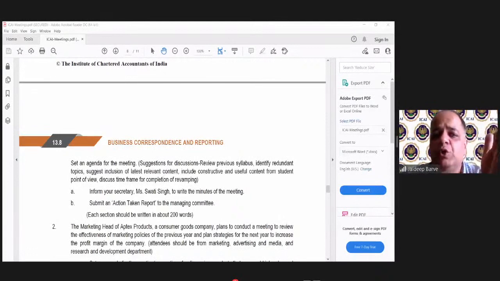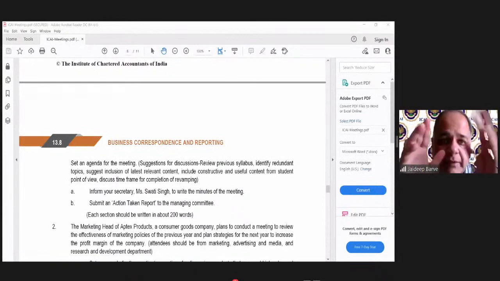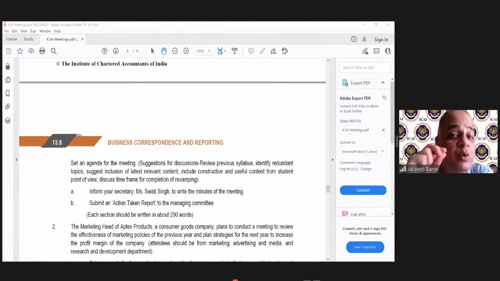In the minutes, you also might have responsibility given to persons, action to be taken, and a timeline. Minutes are circulated, everything is agreed on. Then that concerned person will do some action. He's going to take some action, right? Once he acts upon that, either it will be positive action or he will fail in his actions. But still, he has to give a report.